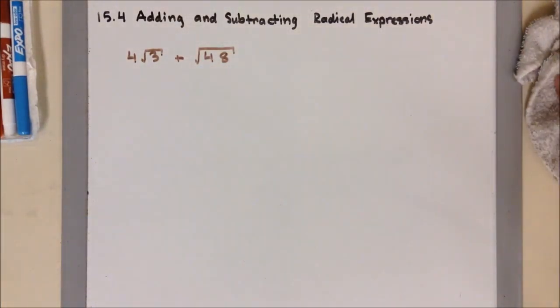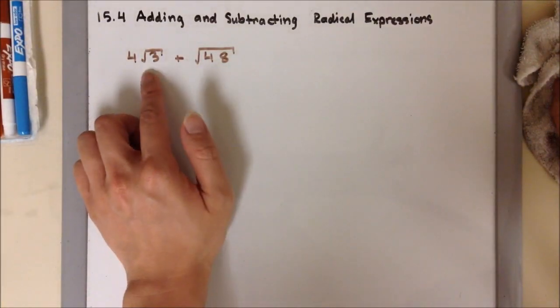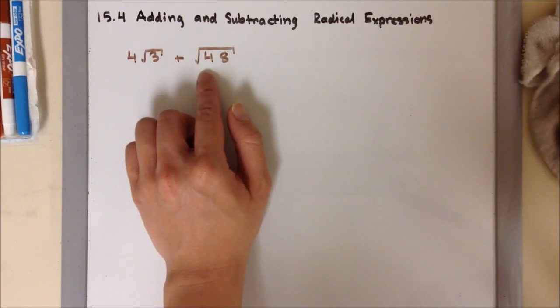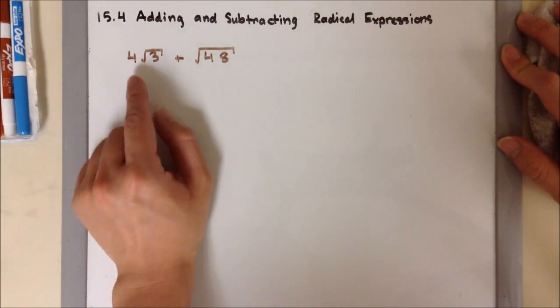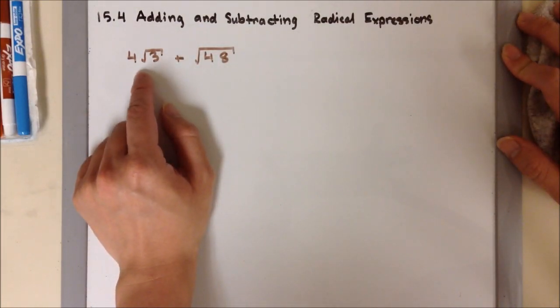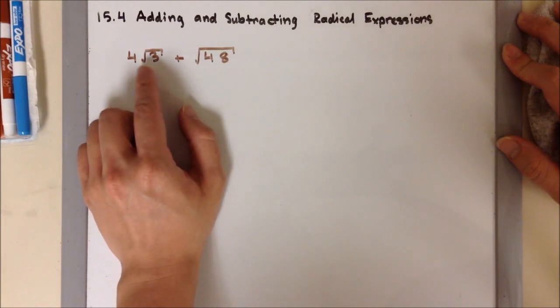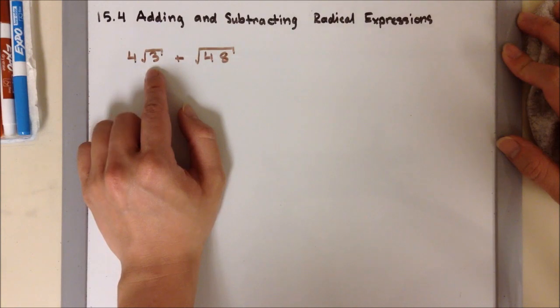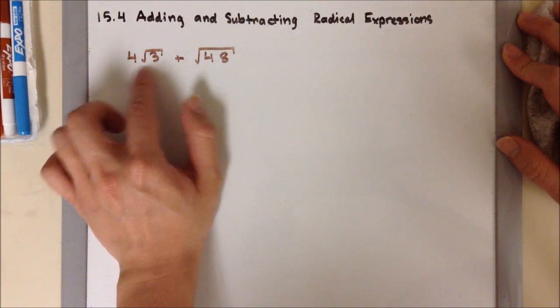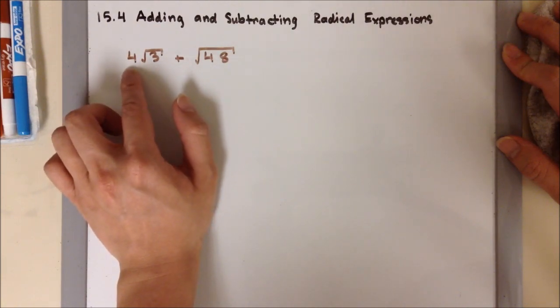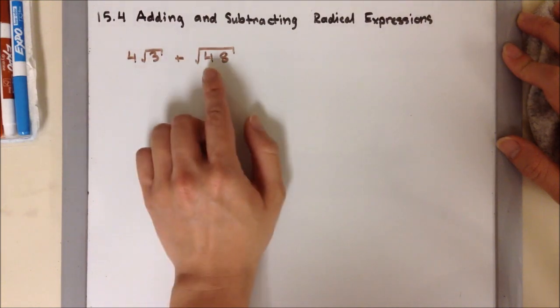In this example, we have 4 square root of 3 plus the square root of 48. Now, let's take a look at the first radical expression. Inside the radical is a 3, meaning that you can't simplify any further, so this one is done. It's simplified. Let's take a look at the second radical expression, the square root of 48.